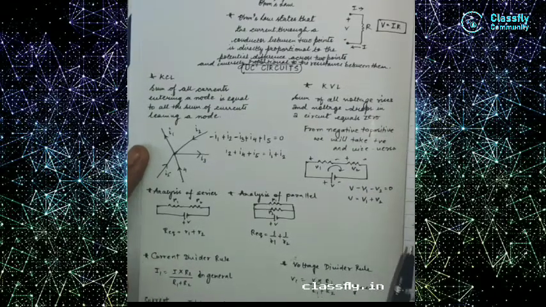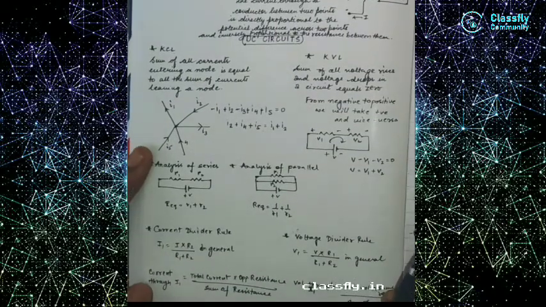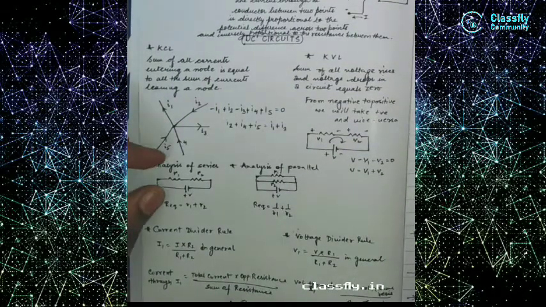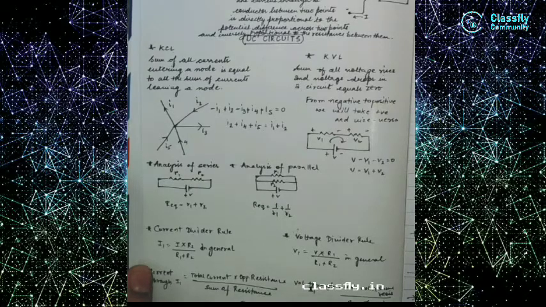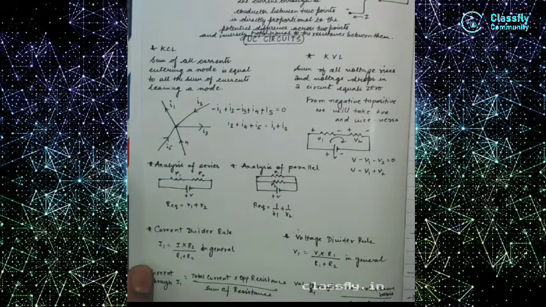Now let's move on to the analysis of series and parallel circuits. We know that in a series circuit, the current is the same. For your remembrance, I told you that series has the letter I, that means current will be the same. Whereas in the parallel circuit, the voltage will be the same and the current will get divided.